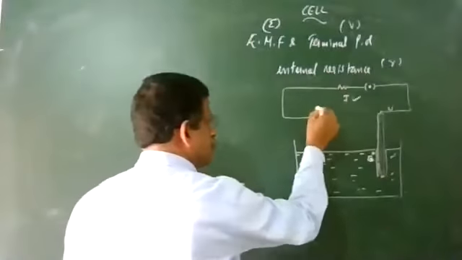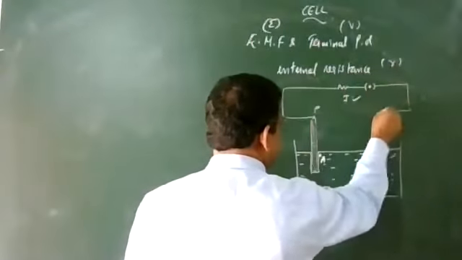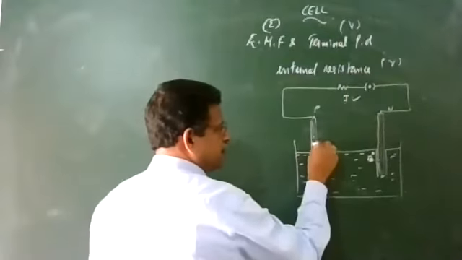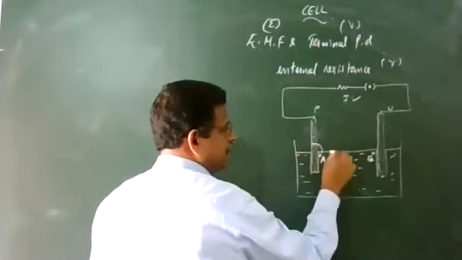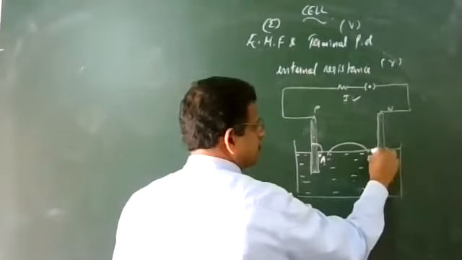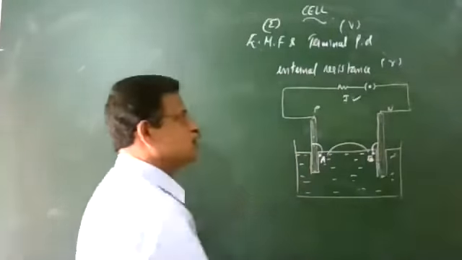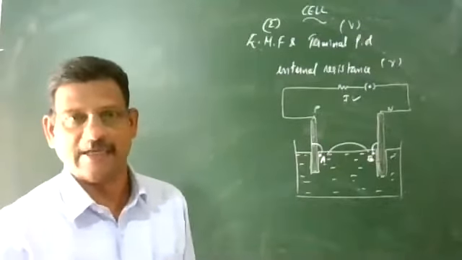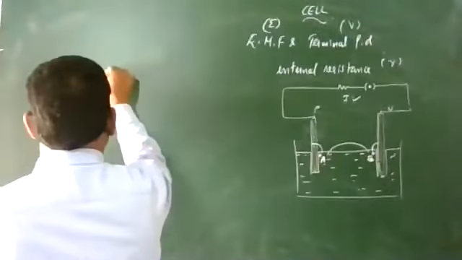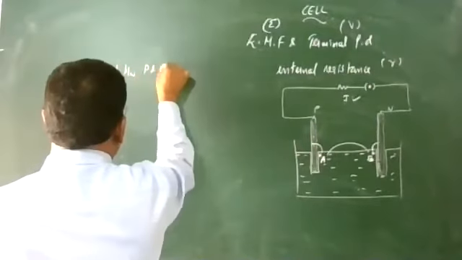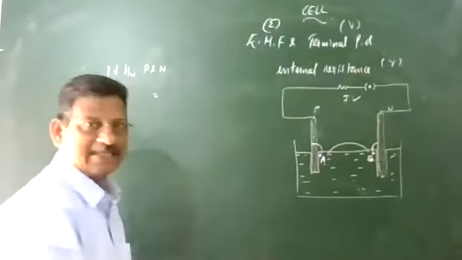So how can you write the potential difference between the points P and N? I find the potential difference between P and A, then between A and B, then between B and N. So you will get the total potential difference between the points P and N. So PD between the positive and negative terminal of the cell, write like this.